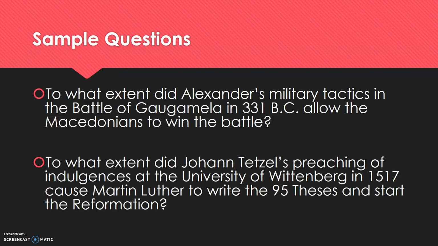And it might be that there are several reasons why he did. We'll assume that it's not just one reason, but the student wanted to know is, to what extent was Johann Tetzel, who was kind of this individual who's pushing indulgences in the area that Martin Luther is spending time in, how much that made a difference.